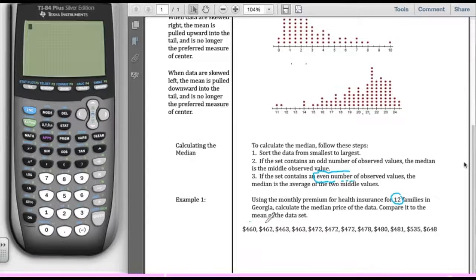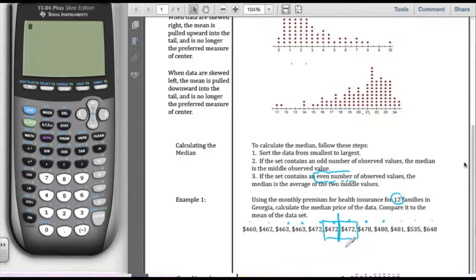So I've got 1, 2, 3, 4, 5, 6. Split it in between these two 472s. Then I also have 1, 2, 3, 4, 5, 6. I have 2 values in the middle, these 2 472s.